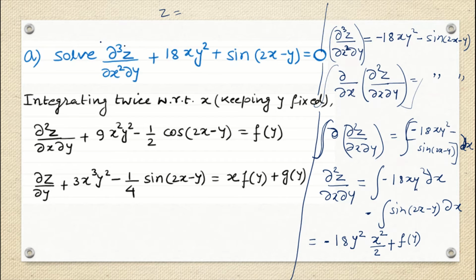So the concept is, if you focus on this given equation, this is the PDE which we had formed. In the formation of this PDE, we had differentiated partially with respect to y one time, and we had differentiated with respect to x two times.